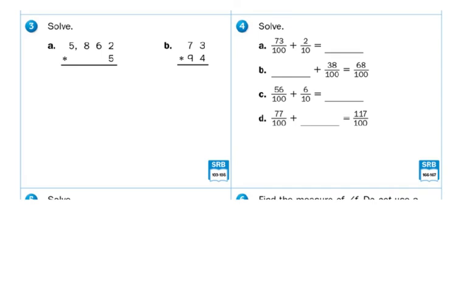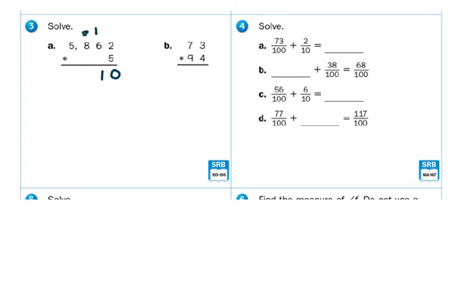Number 3, I want you to go ahead and solve 5,862 times 5. Pause the video and go ahead and solve and check and see if we have the same answer. 2 times 5 is 10, carry your 1. 5 times 6 is 30, plus 1 is 31.